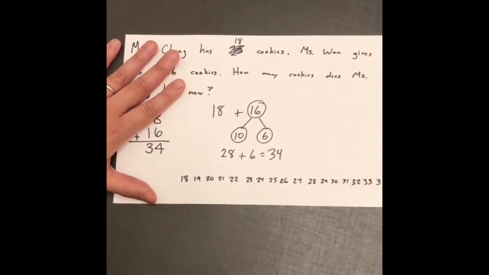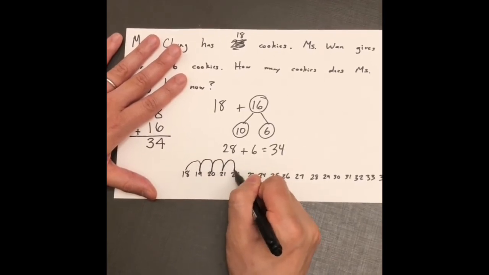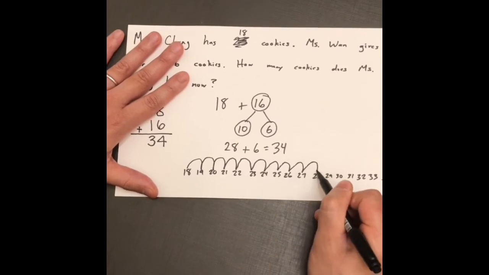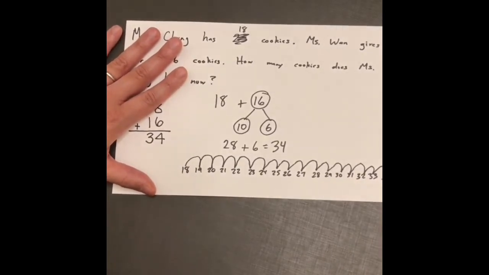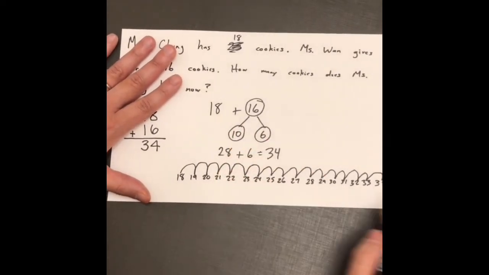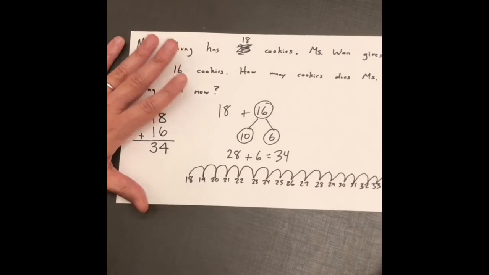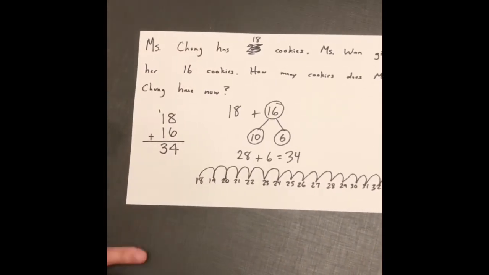And I could double check by counting 16, right? 1, 2, 3, 4, 5, 6, 7, 8, 9, 10, 11, 12, 13, 14, 15, 16. So 18 plus 16 does mean 34 because I proved it here with the number bonds and I proved it here with the counting on strategy. Are there more ways? I'm sure there are.